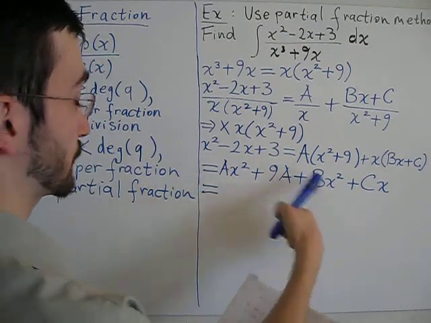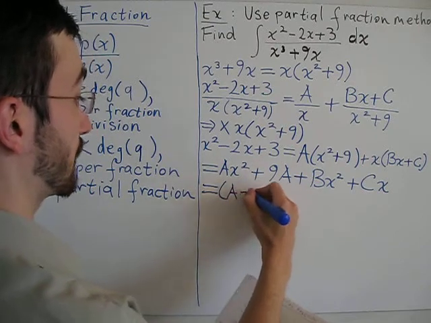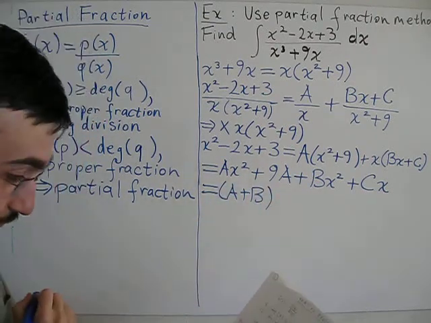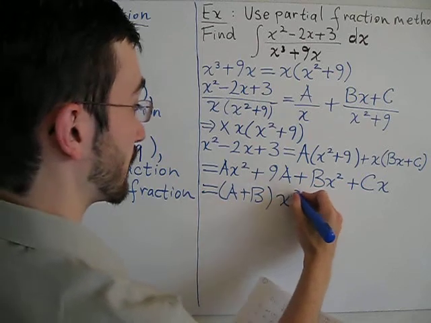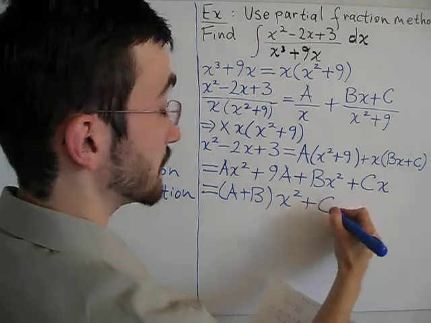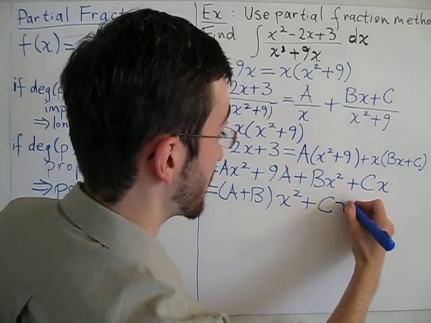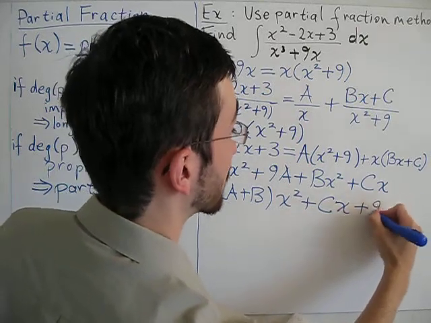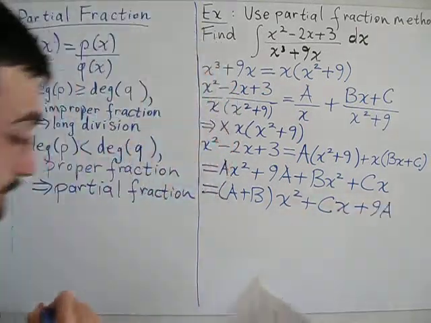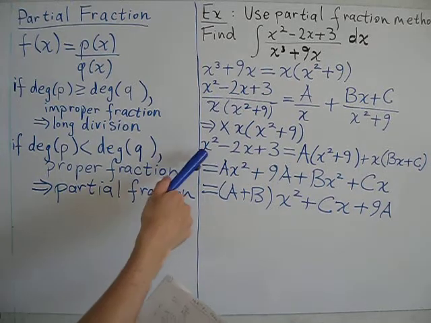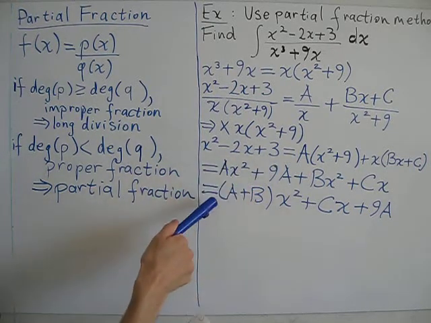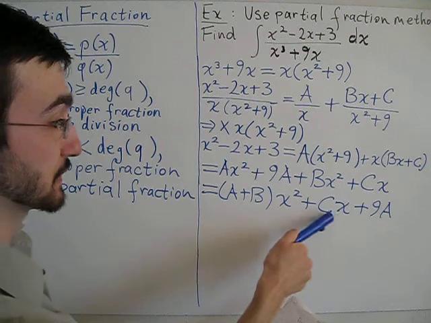The x squared terms, we end up with A plus B times x squared, plus C times x, plus 9A. So therefore we have x squared minus 2x plus 3 is equal to A plus B times x squared plus Cx plus 9A.